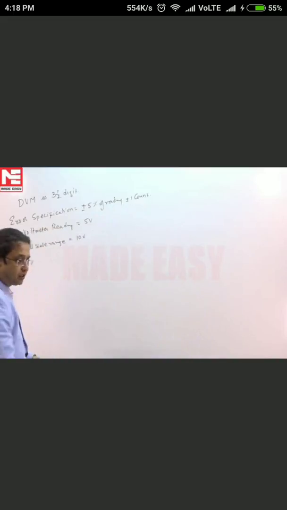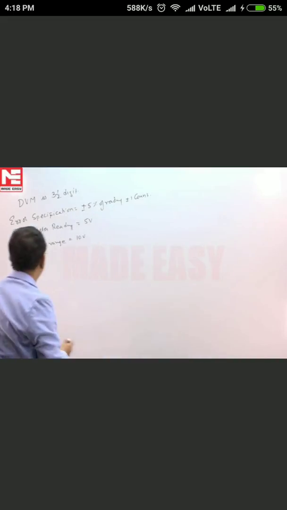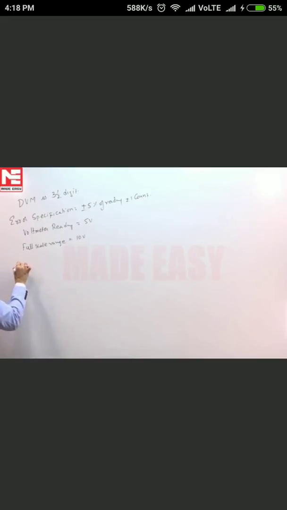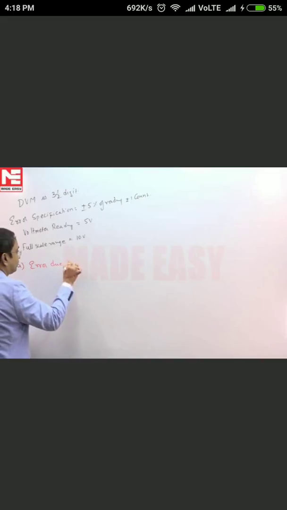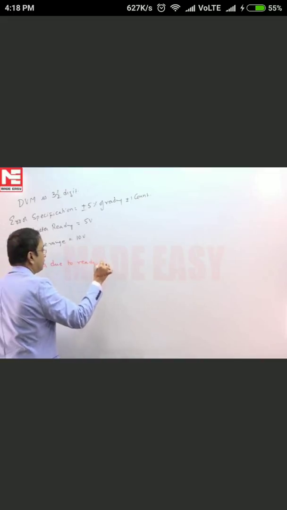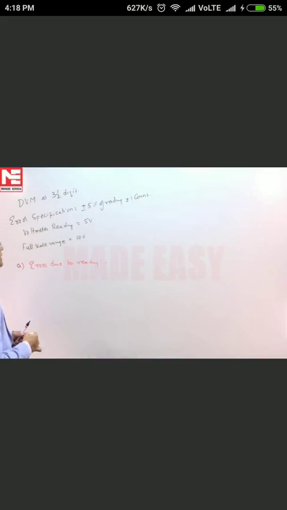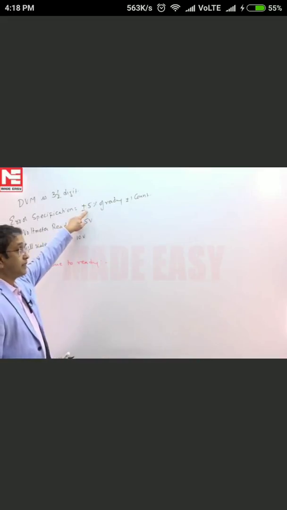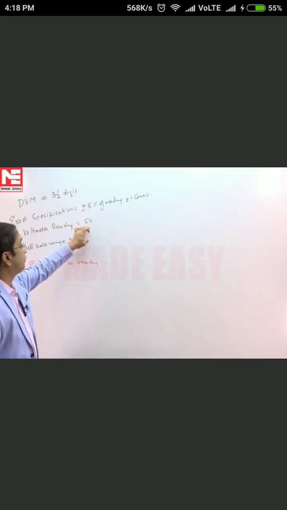We will solve this numerical in two components. The first component is A, error due to reading. The error due to reading, he says, is going to be 5%. 5% of what? 5% of 5 volts.